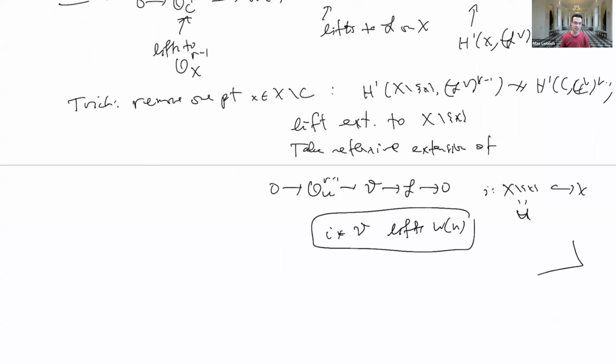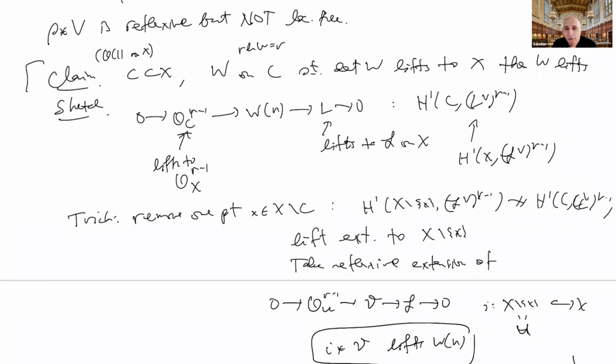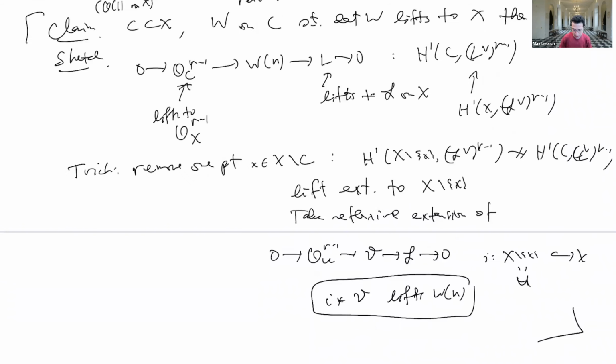Sorry, just a quick question. Does the same thing work in higher dimension if you leave out the codimension 2 thing? I mean, the reflexive part does, but is that cohomology thing true, if you're missing a codimension 2 thing? Probably not. I don't think so.